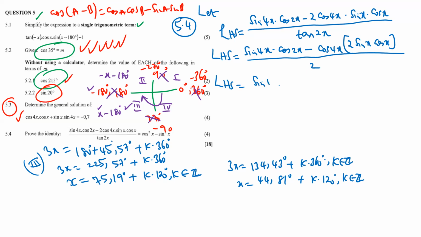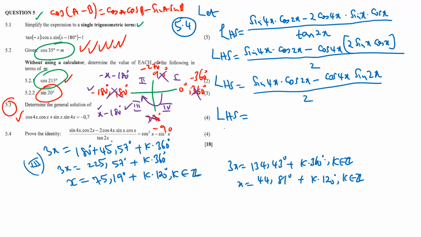And then we have sine 4x cosine 2x minus cosine 4x, and 2 sine x cosine x is sine 2x, divided by the tangent of 2x. Okay, because that's what we have.